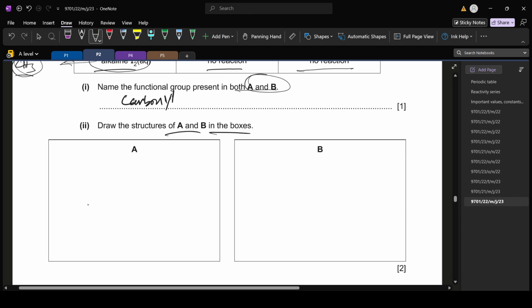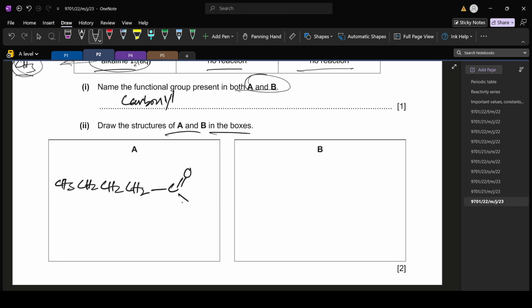A is an aldehyde, so you can draw it as CH3CH2CH2CH2CHO, carbons 1, 2, 3, 4, 5. So this is your aldehyde A, and for the ketone, it's CH3CH2COCH2CH3.